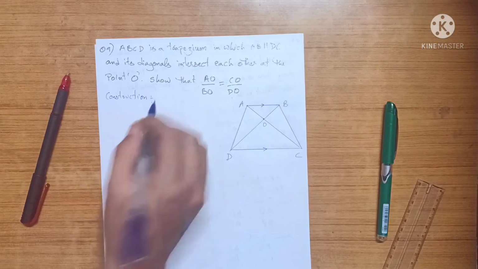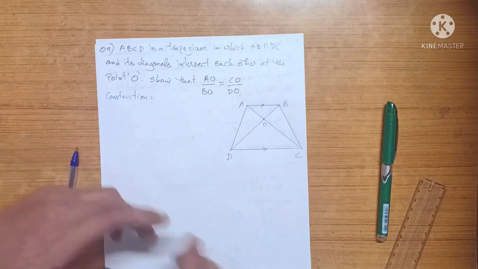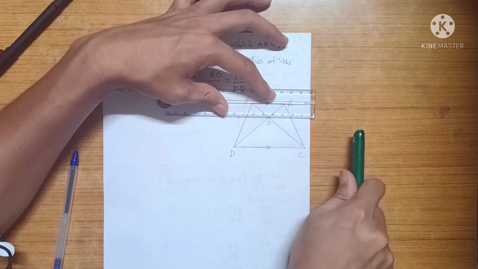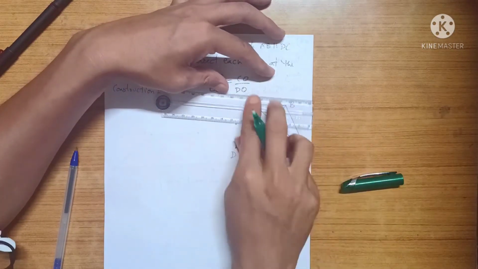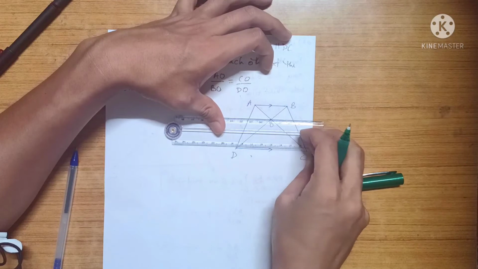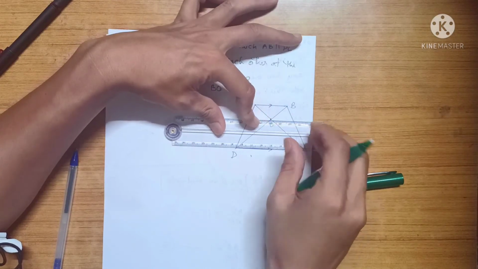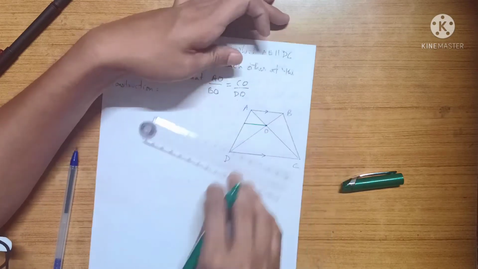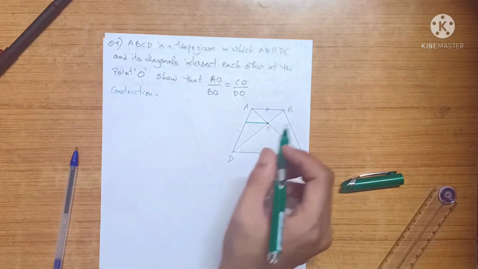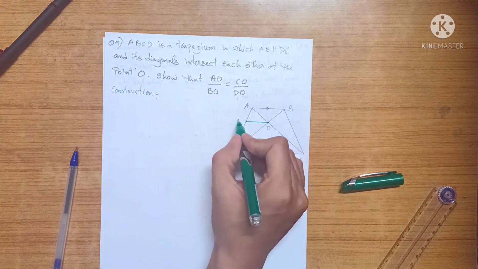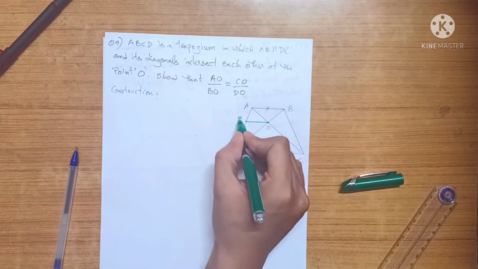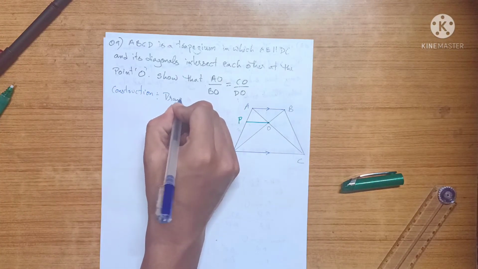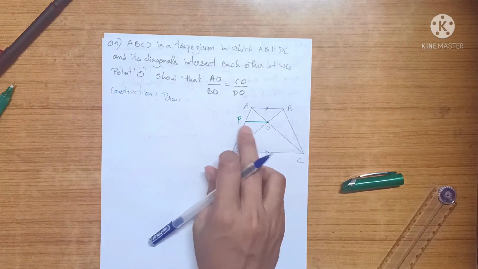Since there's no line parallel, I am going to construct a line parallel to it. Let's say M or P. Construction, draw. See, I drew it here, not PO.